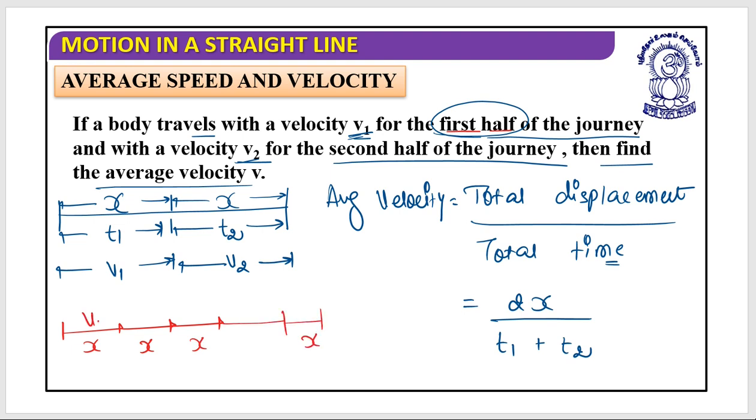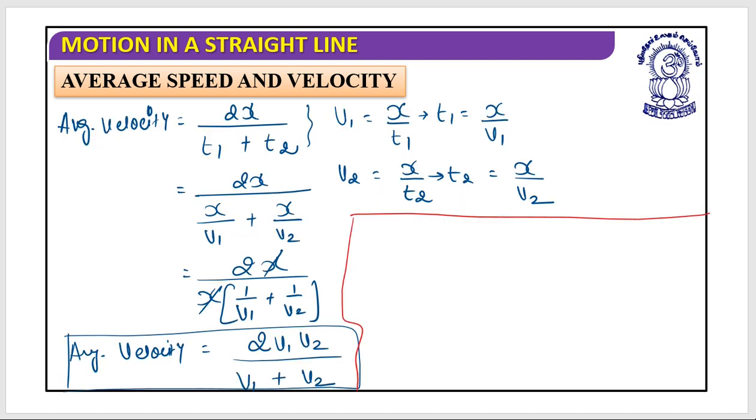Let's say they have asked that for the first section they have traveled with v1, for the next with v2, for the next with v3, and so on. This is vn. Suppose this is the situation: x, x, x, and x. Speeds are v1, v2, v3, and vn.